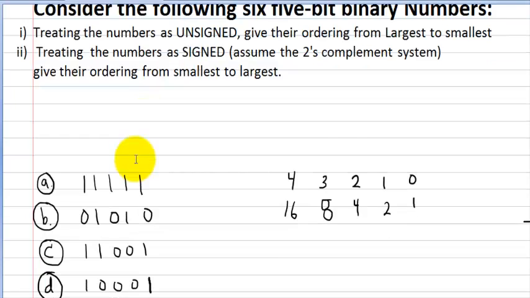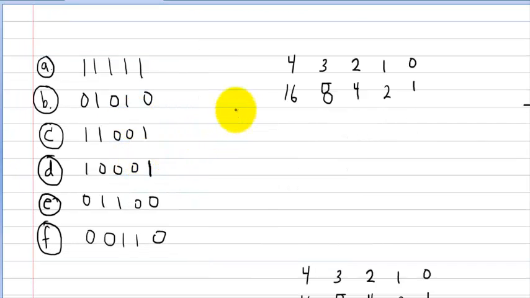The first time through, you're going to take these problems and solve them, so you find out what each value actually is. Work it out, figure out the number, put it down next to the binary, and do the same for all of them, treating them as unsigned.